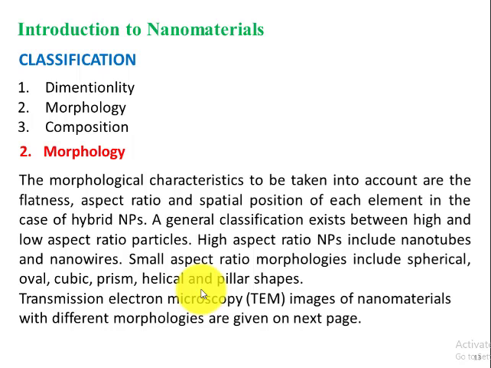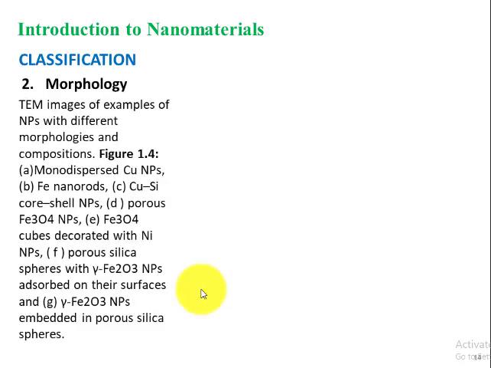Transmission electron microscopy can be used to see the exact morphology of the nanoparticles. As an example, the TEM images of some nanomaterials with different morphologies are given on the next page.